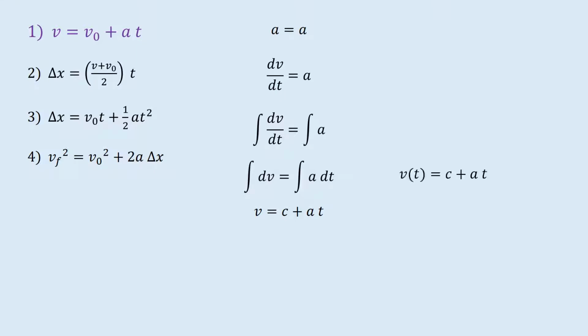To actually solve for that constant, you just see what velocity equals at time t equals 0. So v of 0 is c plus a times 0, or v of 0 is c. So from there you can get that your constant is v naught, your initial velocity, and you arrive at the equation v equals v naught plus at.